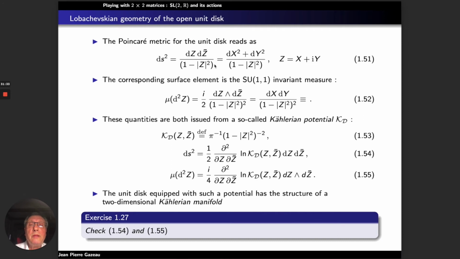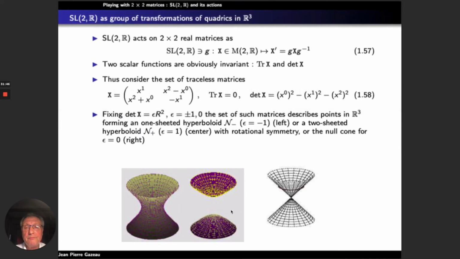Or maybe here there is a square, which is forgotten also, I think, because otherwise something is wrong. I have to check that. I will correct. Okay.